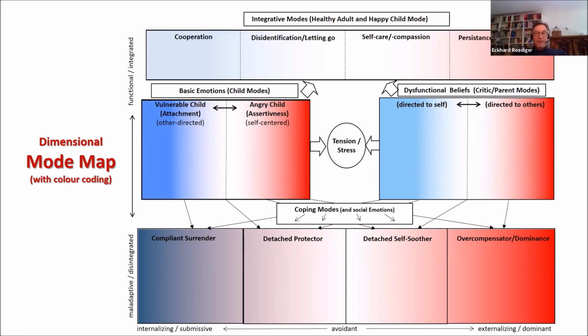And on the top you have the integrated version of these polarities, turning submission into cooperation, tuning it down to cooperation. You have the overcompensator, tuned down to persistence or taking a certain firm stance to not be blown away. You have the disidentification part, letting things go, disidentify, detach in a good way, not to cut your feelings off, but let them go, which is a healthy distancing.